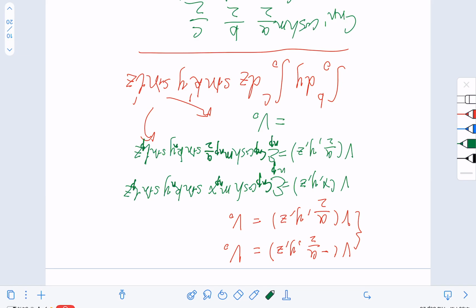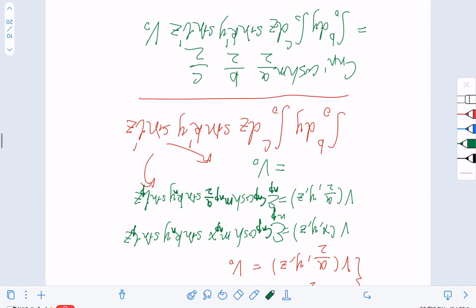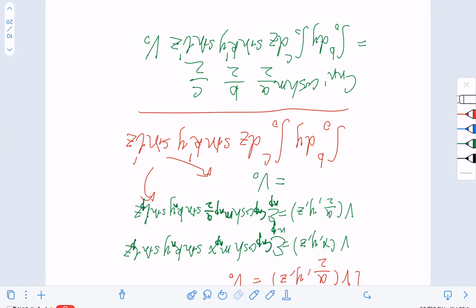Now here, what we need to modify is n and p. So here it is n prime and p prime.